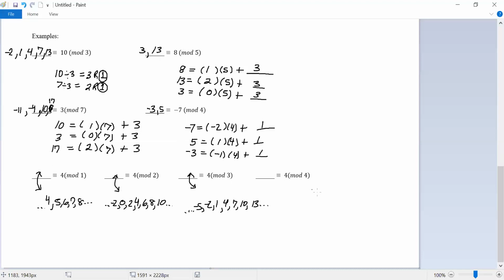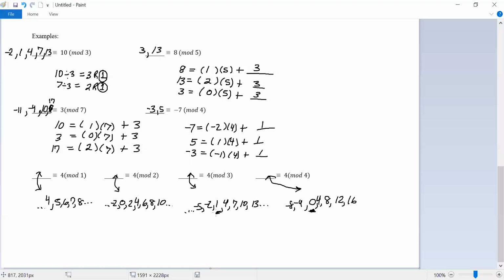And for mod 4, of course, I could get 4, 8, 12. Notice these all have a remainder of what? They all have a remainder of 0. Subtract 4, subtract 4. So these all have a remainder of 0.